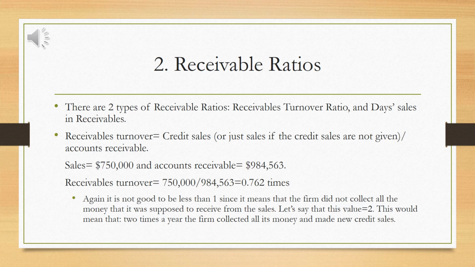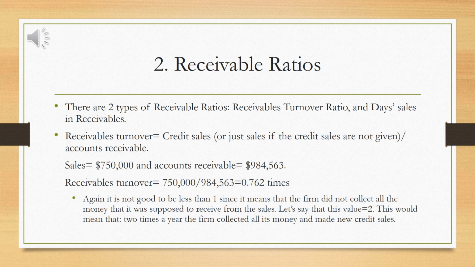And account receivable equals 984,563. So receivables turnover equals 750,000 over 984,563, which is 0.762 times.